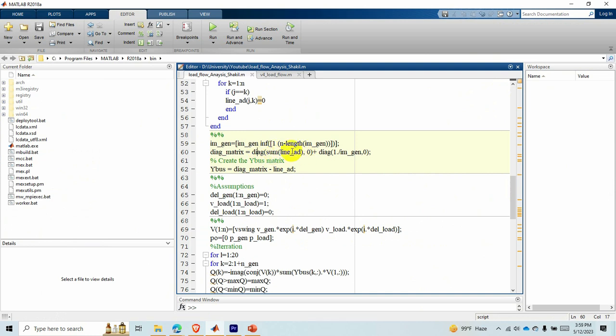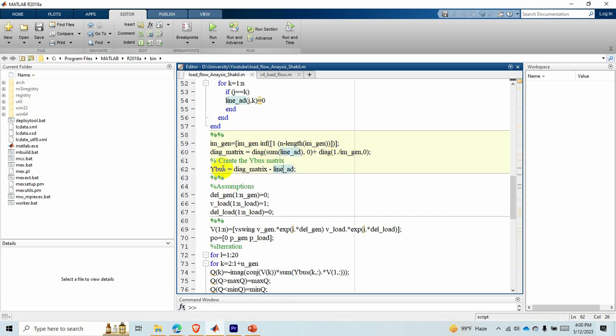Sum of admittance will calculate the sum of the line admittances of a row, that means those connected to bus 1 or 2 or 3, and I create a diagonal matrix of generator admittance. After that, that will be added with the diagonal matrix. So the diagonal matrix contains the line admittance and the generator admittance.